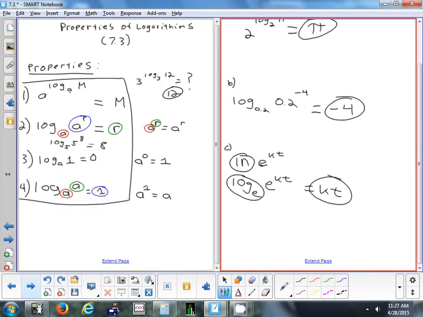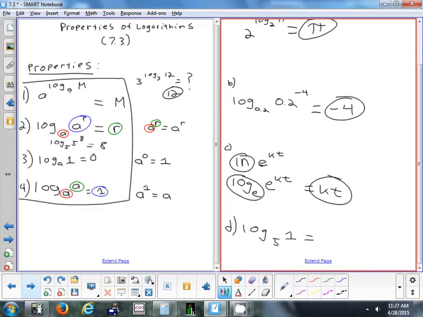Let's see, I didn't put one up for examples 3 and 4. We can do one of those. What would be log base 5 of 1? This one I'm looking for a numeric answer. 0.